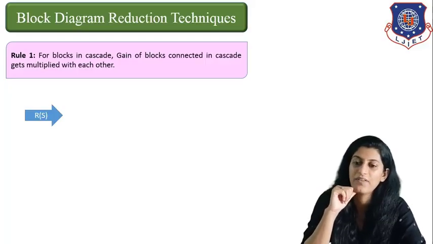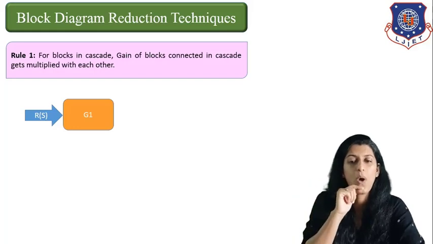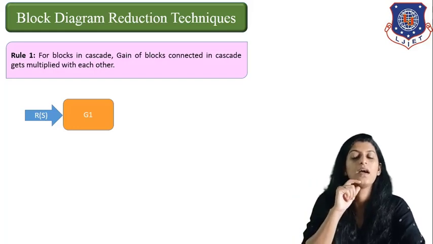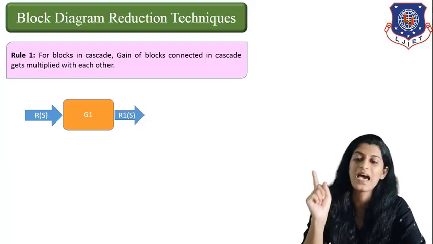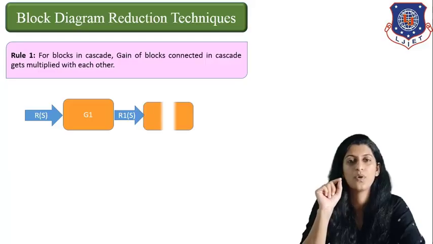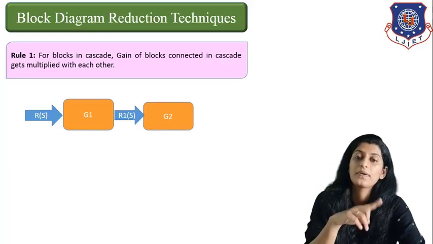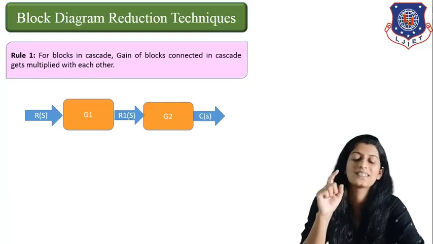Suppose this is my given input R of S. It goes into block 1, which is G1. The output of G1 is R1 of S and it serves as the input for my next block G2. And G2 is giving me the final output C of S.